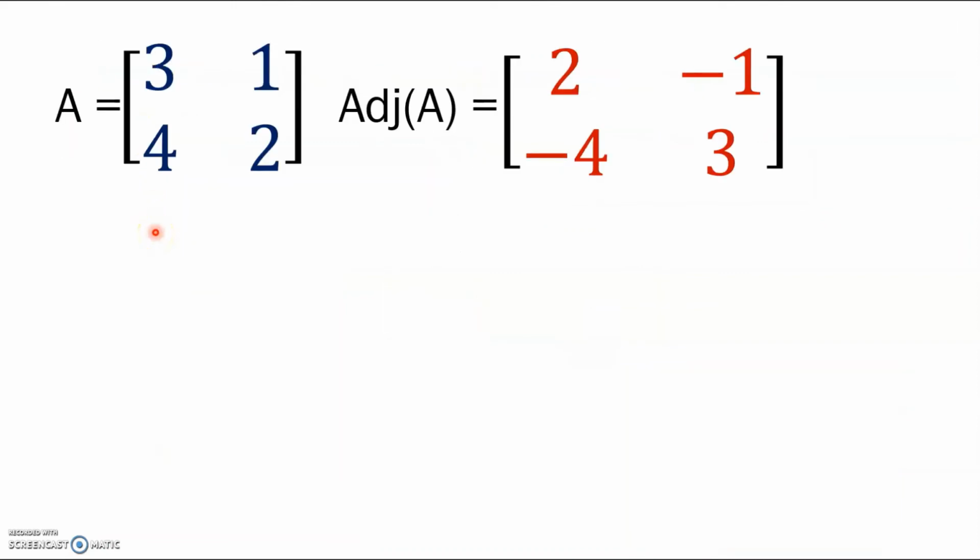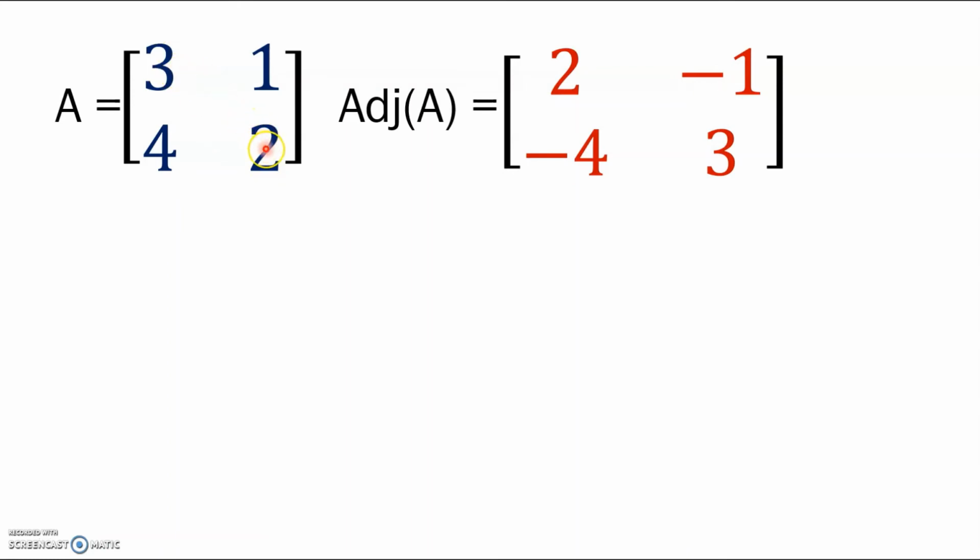Now I'm going to show you a technique of how this is done so easily in a 2 by 2 matrix, and this works only for the 2 by 2 matrix. When you have a 2 by 2 matrix, you don't have to go through this lengthy process of finding the minor, cofactor, and transpose. I will show you a very simple technique. So you have 3, 2. These are the diagonal elements, right? These diagonal elements are interchanged.